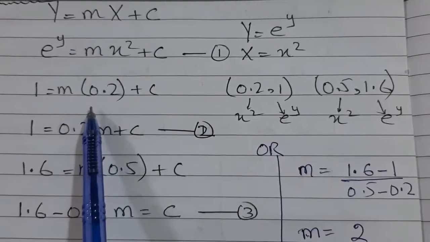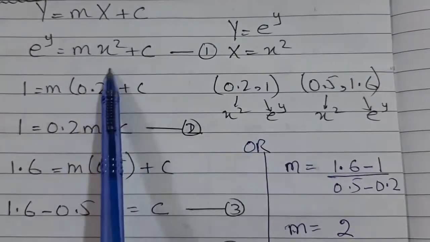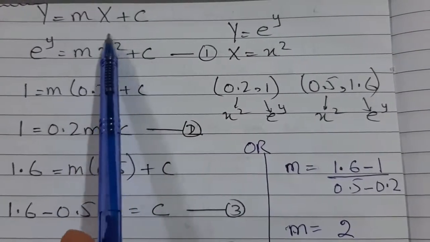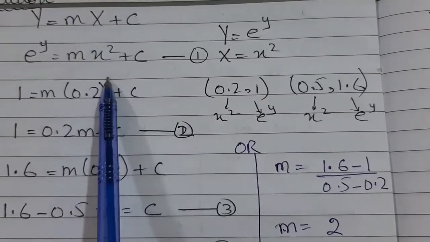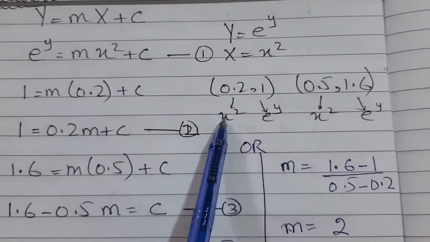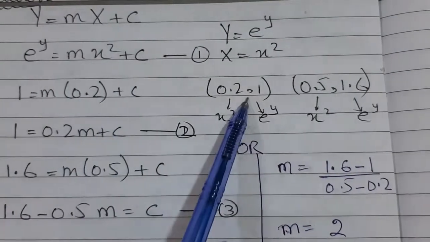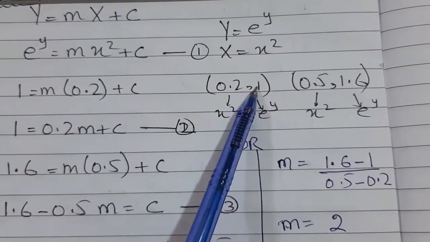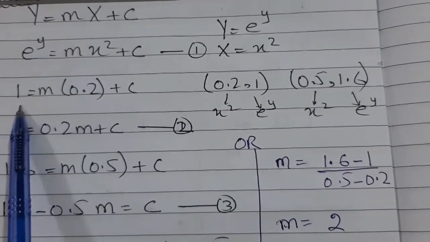Now the important thing is, if you notice, this is my x square. So I'm replacing 0.2 by the whole x square. I'm not writing 0.2 square, okay? Because 0.2 is not just x, it is x square. And similarly, 1 is not just y, it is e power y. So I'm replacing the whole of this by 1.